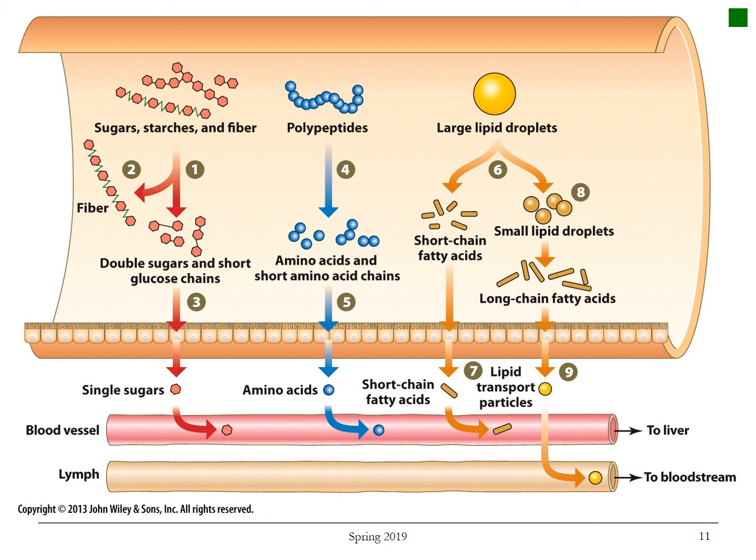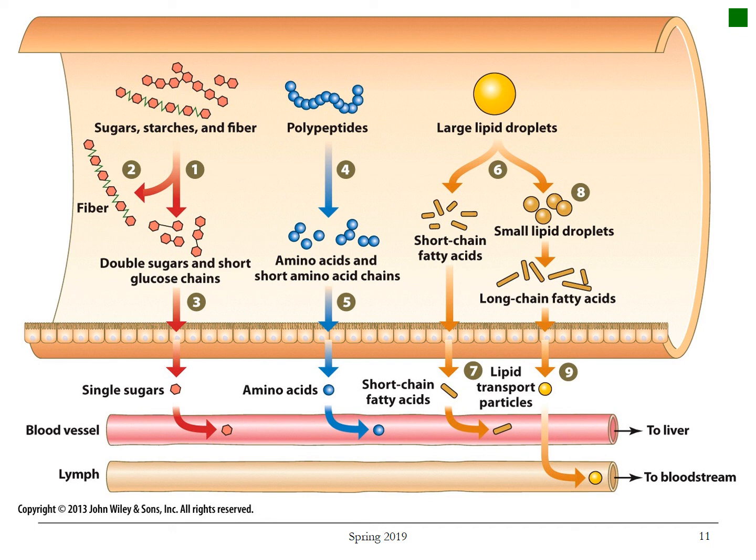This graphic is a simplified view of digestion and absorption as it takes place in the small intestine. To be absorbed, nutrients must be broken down and pass from the lumen into the mucosal cell lining of the GI tract. From there, the nutrient then either enters the bloodstream or the lymphatic system.